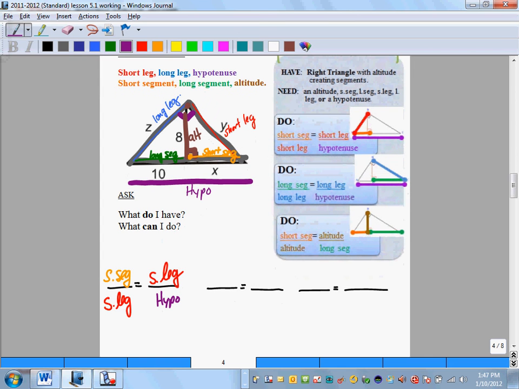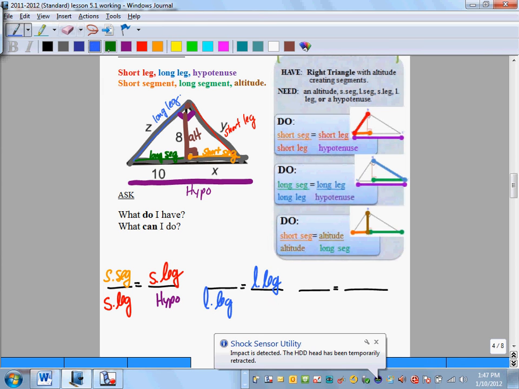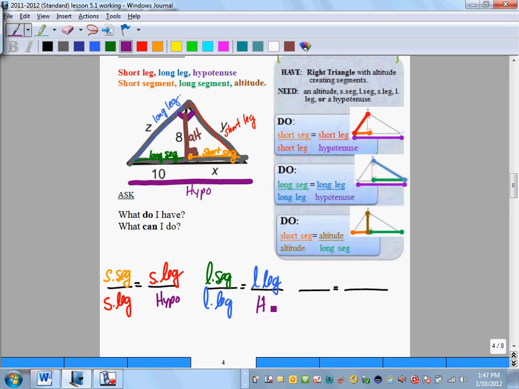The next one you need to be familiar with, the long leg. The long leg is the geometric mean between the long segment and the hypo.